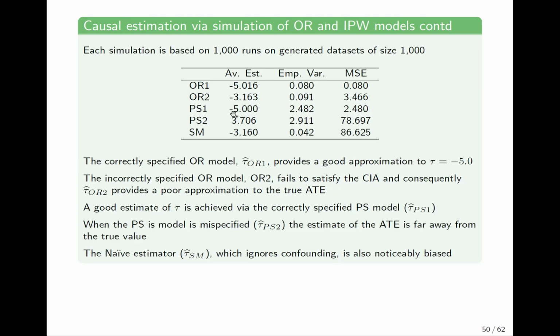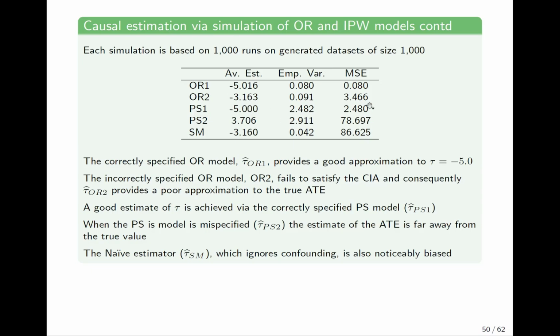The IPW estimator also does well. So propensity score, when it's correctly specified, gets us spot on, but actually this estimator has slightly higher variance. And that tends to be the case. That's a feature of weighting estimators, because weights that are either very high, when propensity scores are very close to 1 or very close to 0, can create some instability.